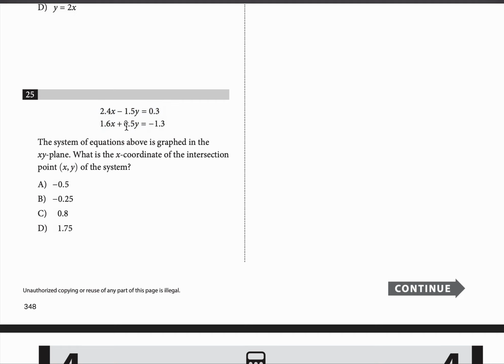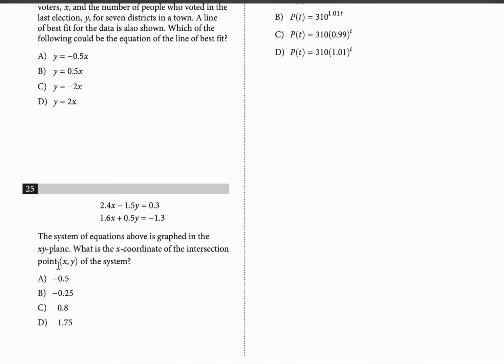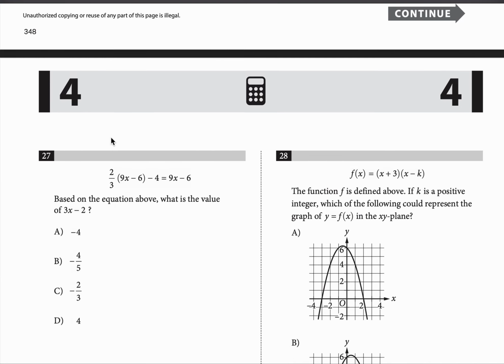So then we have a negative 1.5y. Or would it be better to, let's actually do this one instead. Let's multiply it by 5. So we're going to multiply both of these by 5. And that'll give us the answer. So that's fine. And again, it's one of the easy ones where you can check it, and if it makes sense, then it makes sense.